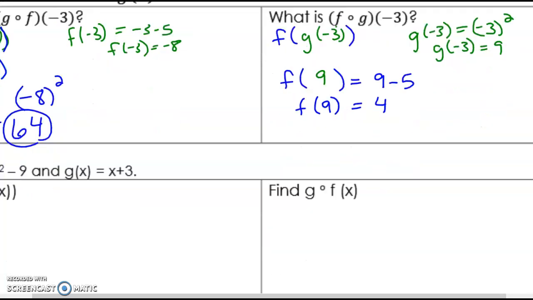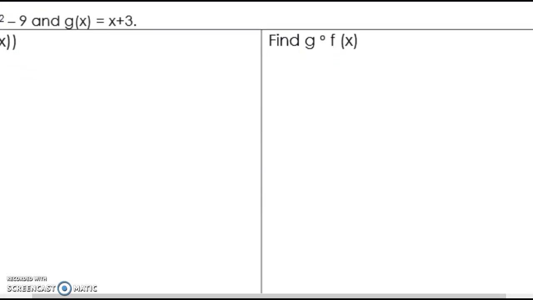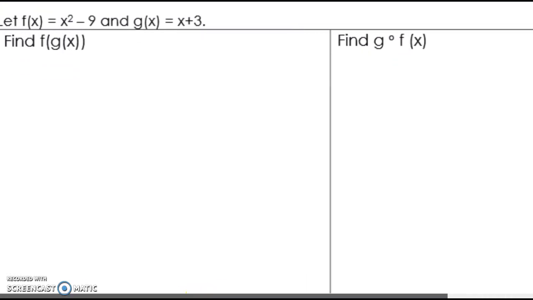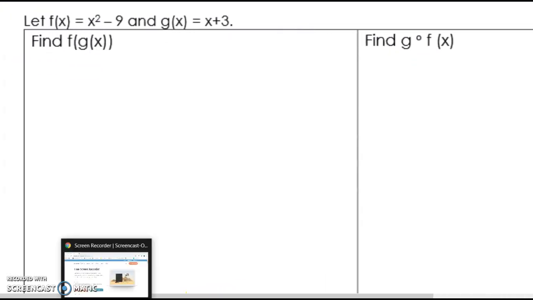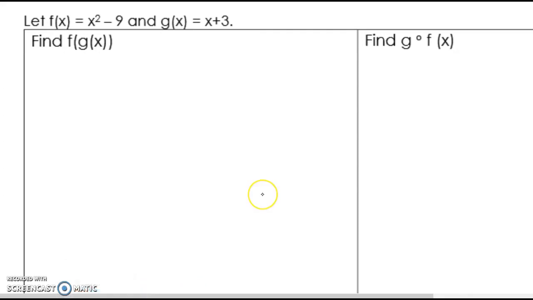All right, let's try some other ones. These ones are in a little bit different notation, and we're not going to find an answer as a number. We just want to simply plug one equation into the other. Okay, so we want to find f of g of x. So it's like we're plugging in the g equation into the f equation.